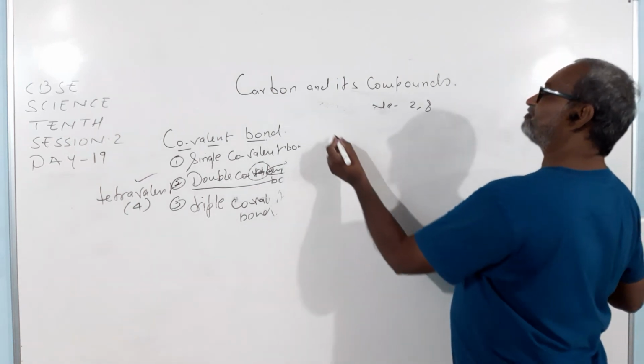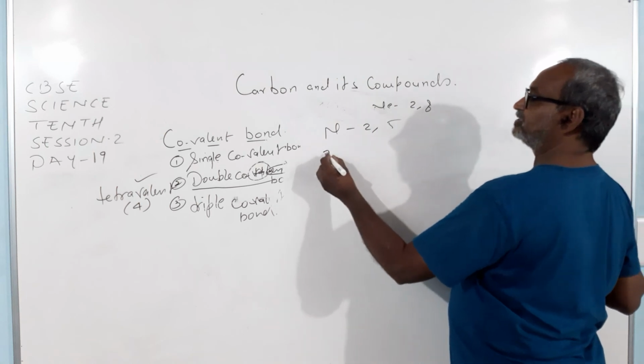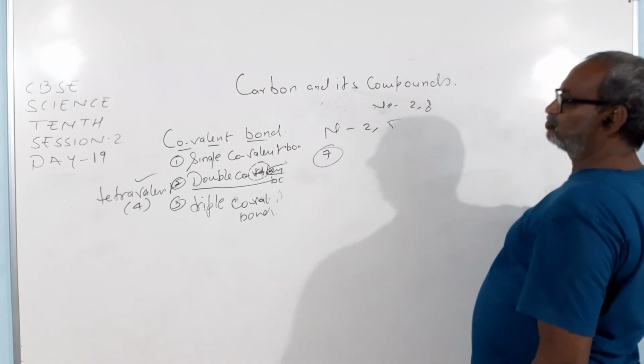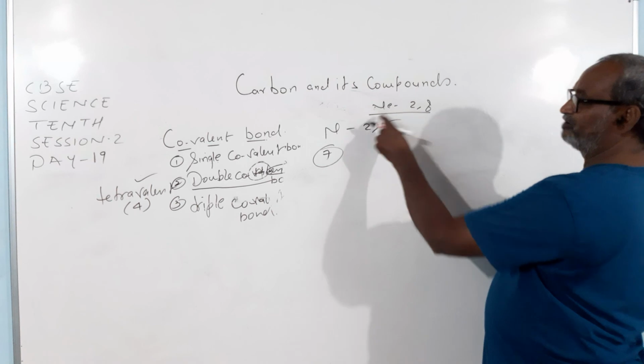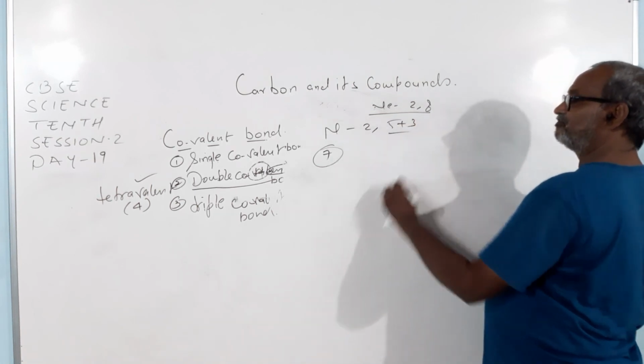Electronic configuration of nitrogen is 2,5. Its atomic number is 7. And nearest noble gas to it is neon, 2,8. Obviously, nitrogen atom requires 3 electrons to complete its octet.